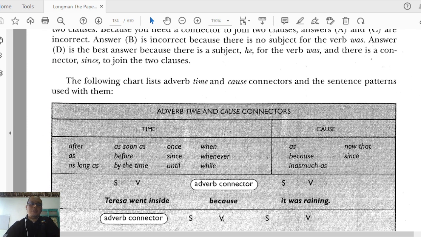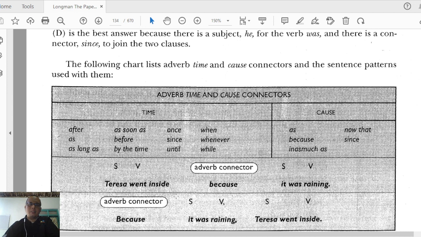Okay, so the following chart lists adverb time clause connectors and the sentence patterns used with them. We have adverb of time and adverb clause connectors.